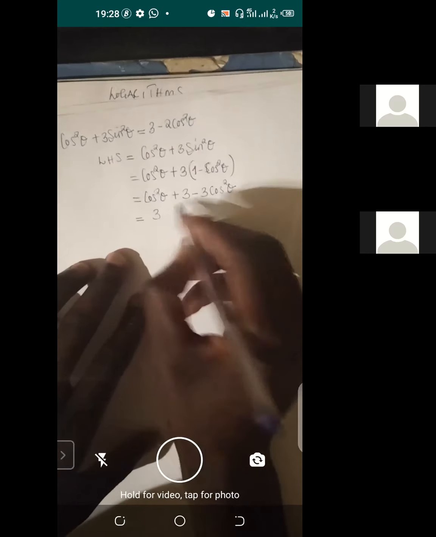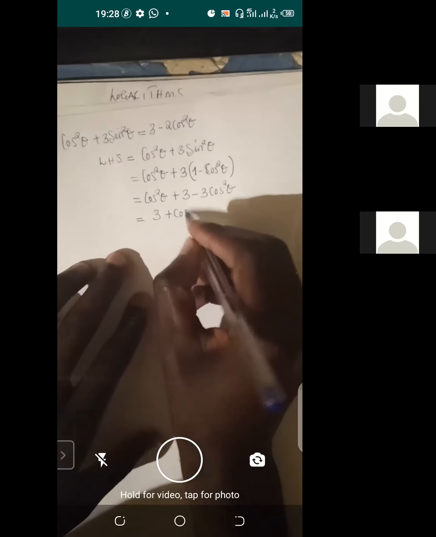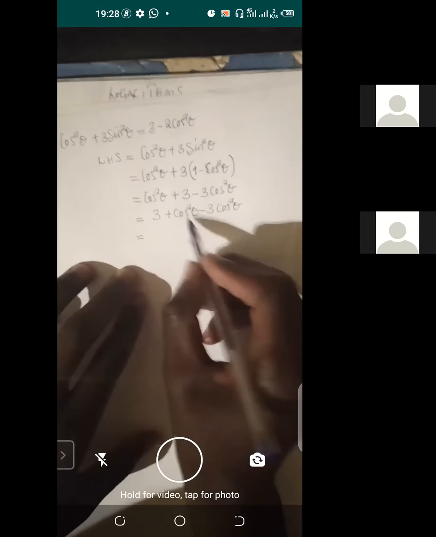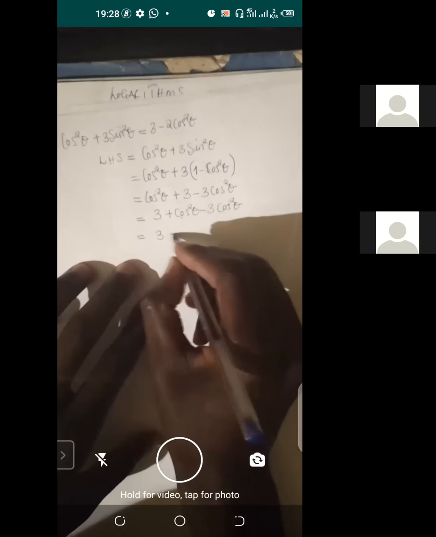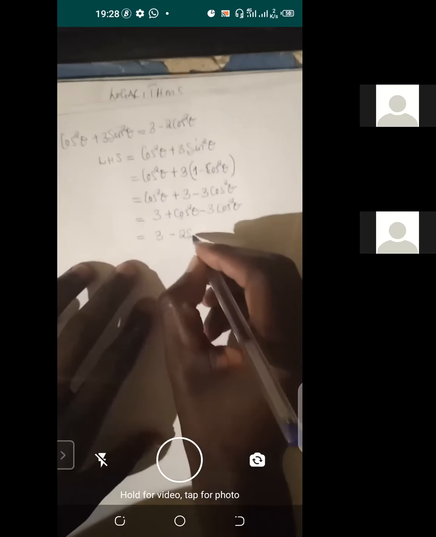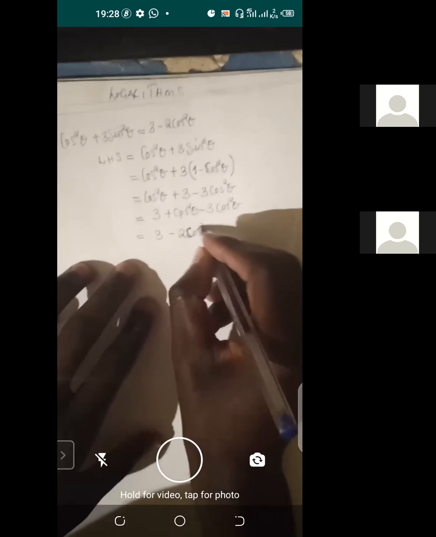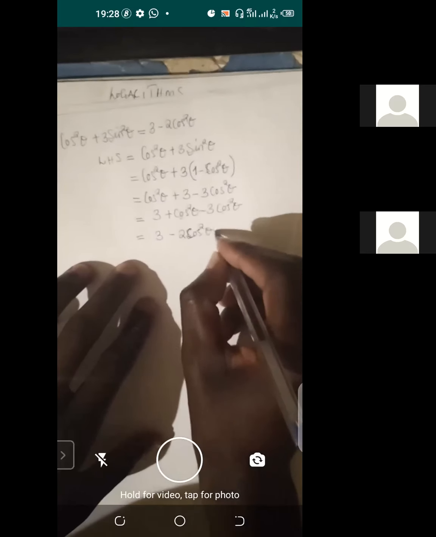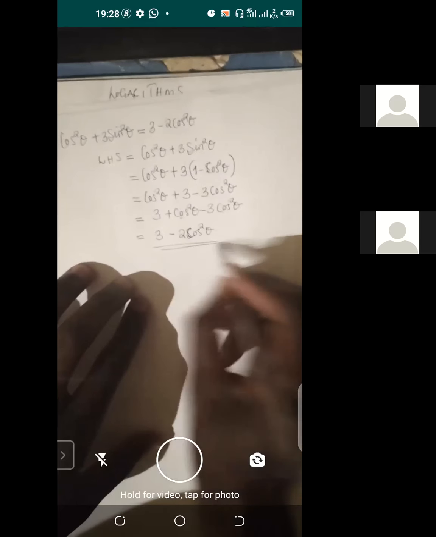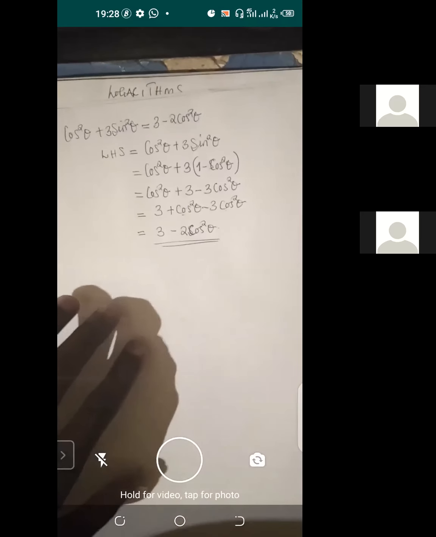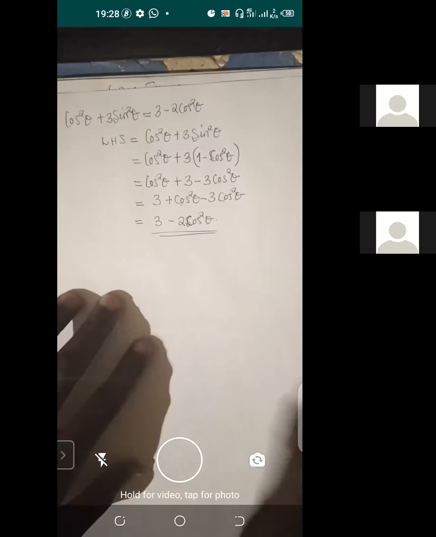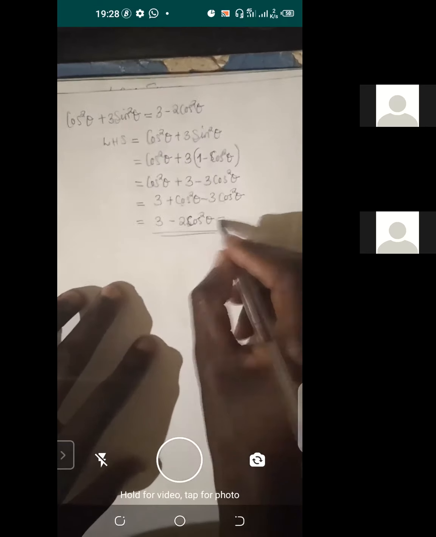Then this is equal to 3 plus cos squared theta minus 3 cos squared theta, which is equal to 3 minus 2 cos squared theta. And you've shown there, which is equal to the right-hand side.